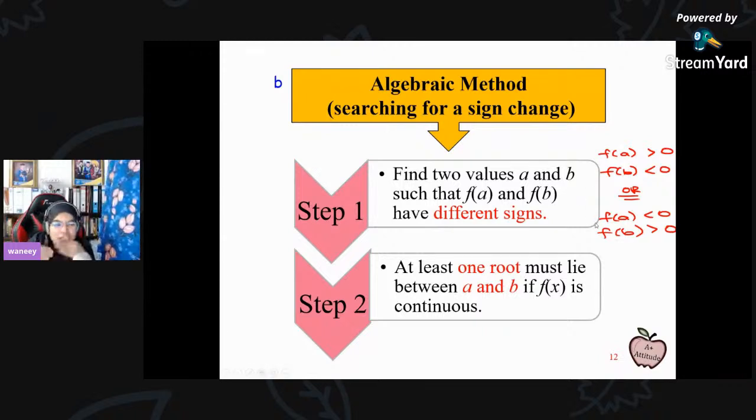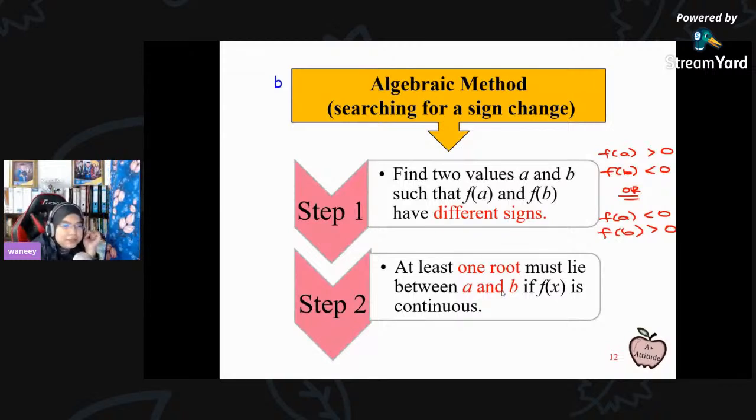So a sign change, different signs. If we have a different sign between A and B, what we can say is that there must be at least one root in between A and B if the function is continuous. That is basically what we have learned so far.